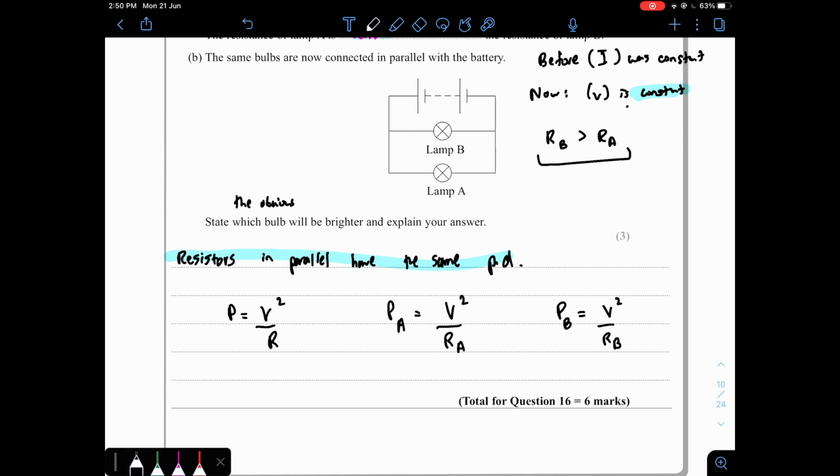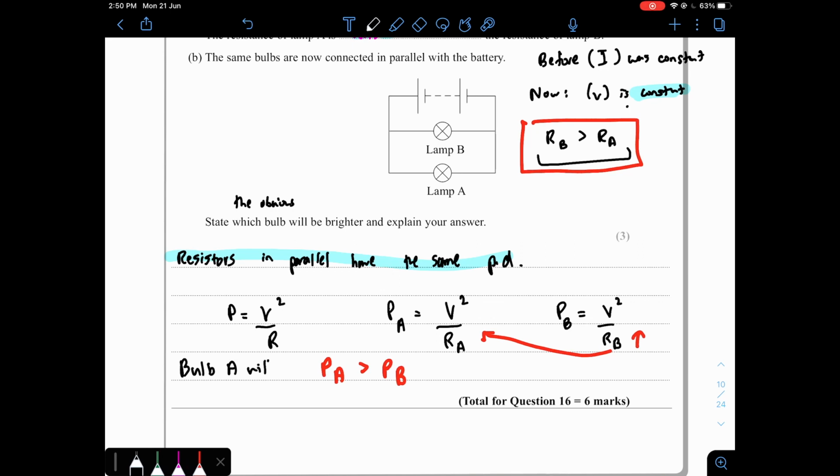Now we know that the resistance of lamp B is greater than resistance of lamp A. So that means this is greater than the resistance here. That means the power of A is going to be larger than the power of B. That means that bulb A will shine brighter. So bulb A will be brighter.